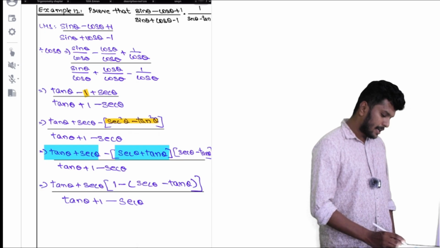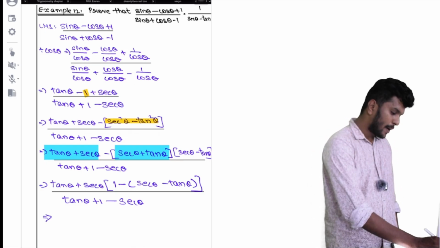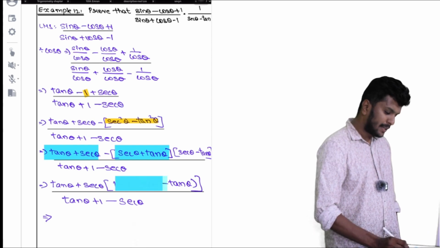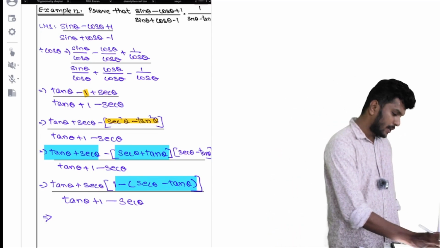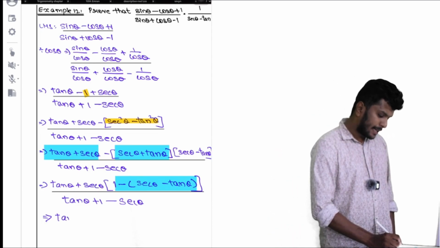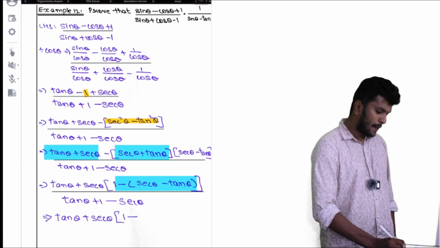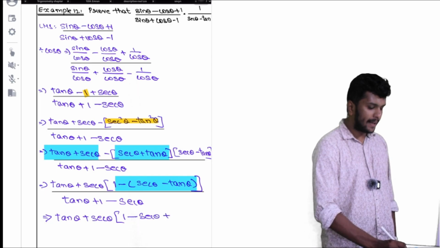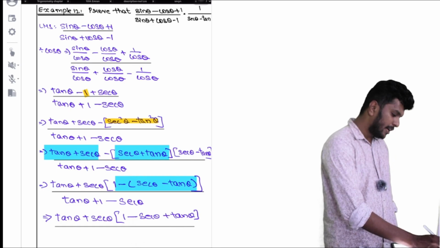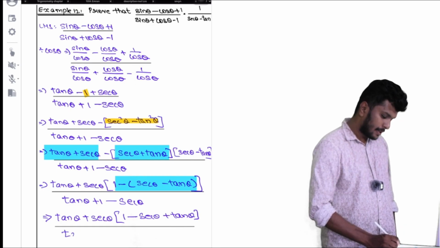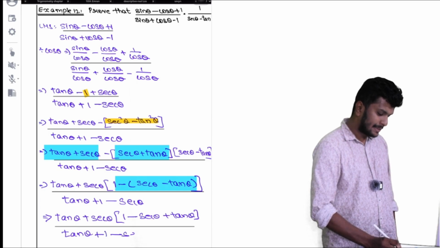Okay, now what to do? That implies, I'll open the bracket. Where will I open the bracket? Here. With minus, I'm going to multiply sec theta minus tan theta inside. So this whole will become tan theta plus sec theta into 1 minus sec theta plus tan theta, whole divided by tan theta plus 1 minus sec theta.